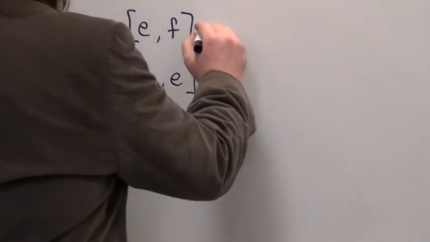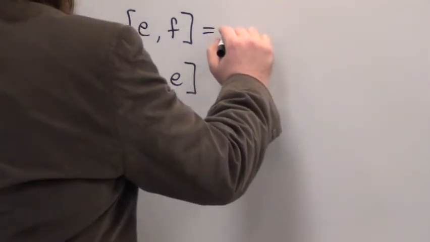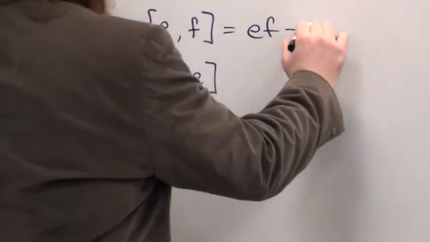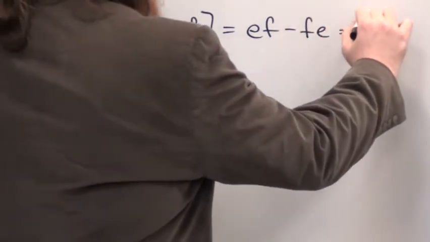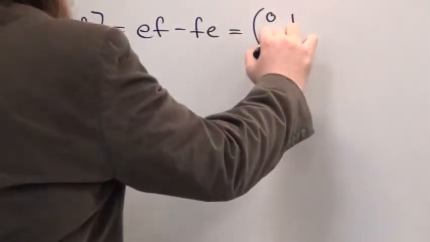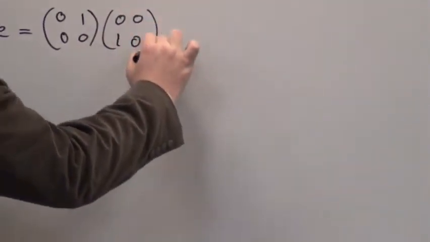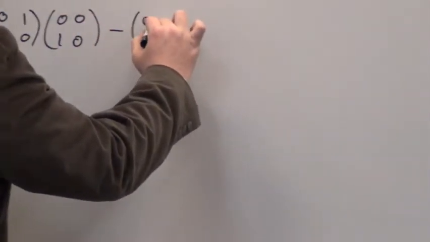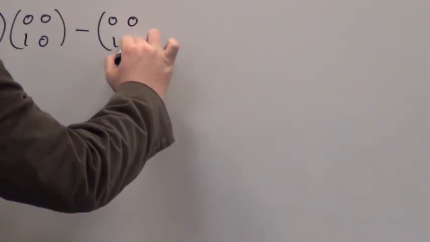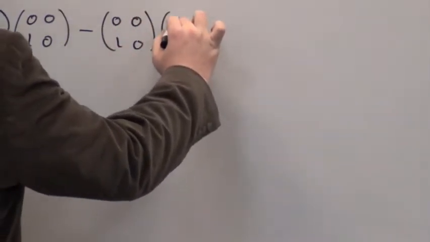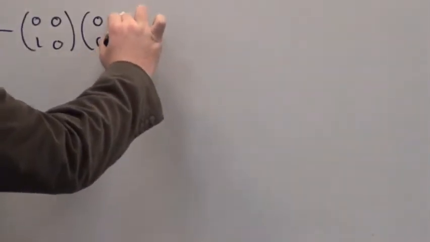So the bracket of E and F, what is this? This is the product of E times F minus F times E. So that's 0, 1, 0, 0 times 0, 0, 1, 0 minus 0, 0, 1, 0 times 0, 1, 0, 0.